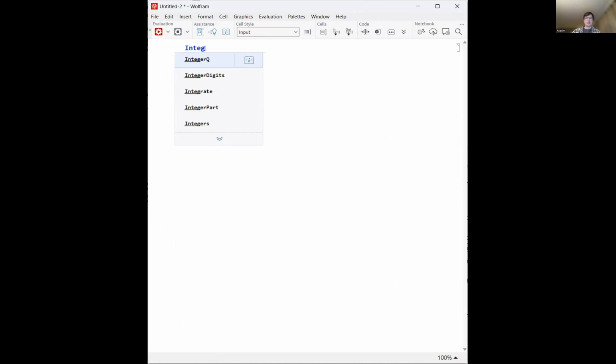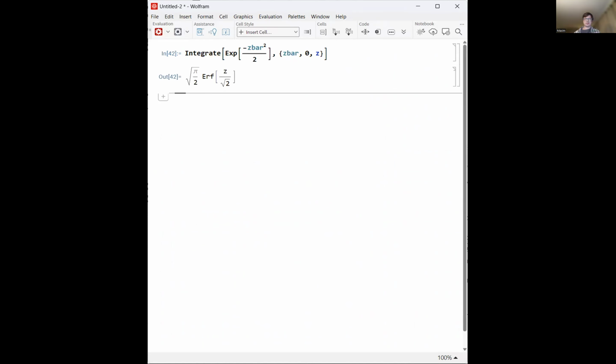Let's integrate the exponential of minus z bar squared over 2, where z bar ranges from 0 to z. And you see there's a factor in front, a root of pi over 2, but that's okay because we already have a constant there, so we can absorb that into the arbitrary constant. But this function is the error function of z over root 2.